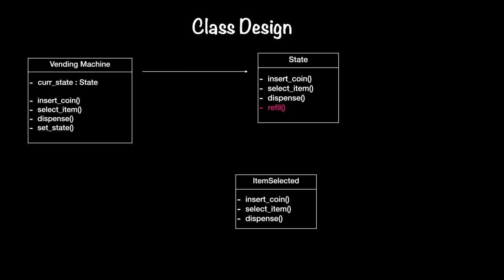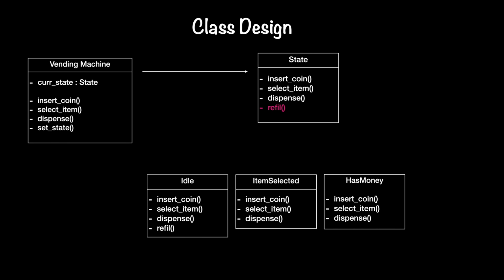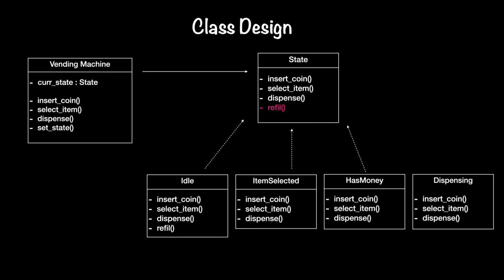We have concrete states, like these are some of the states of the vending machine. The vending machine will be in idle state, or item selected state, or has money state, and dispense state. These states are defined based on the operations on the vending machine.